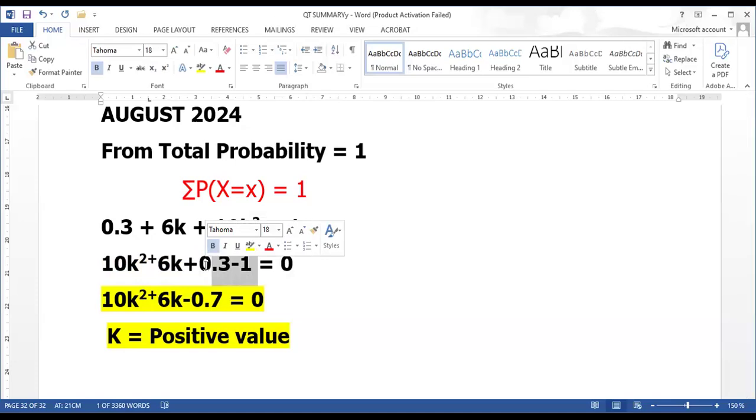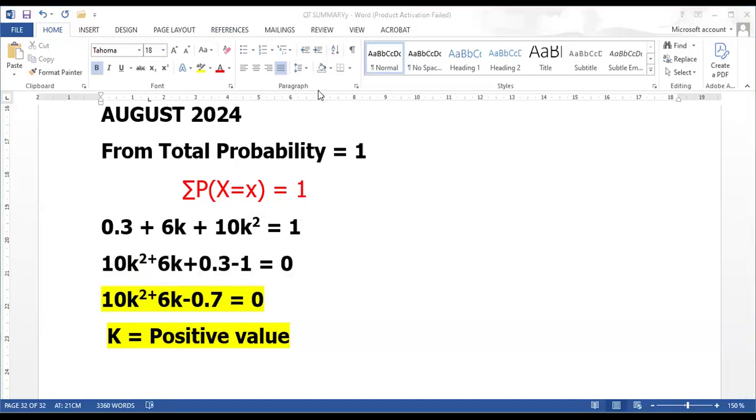Oh, yes, I've gotten it. I'm not okay with the 0.3. Where did it come from? Because it's not in the question.